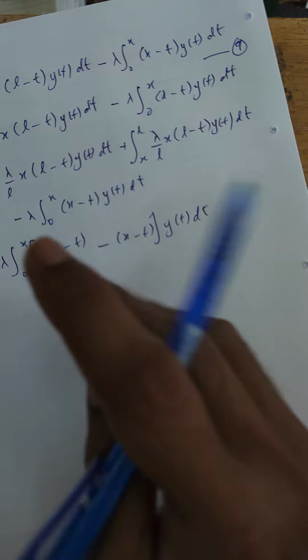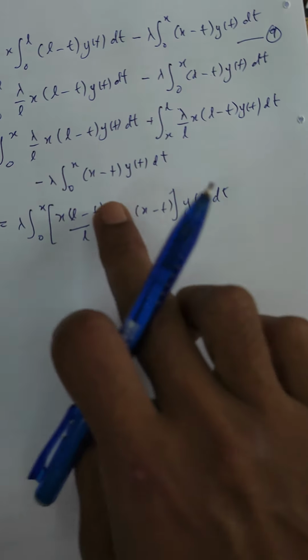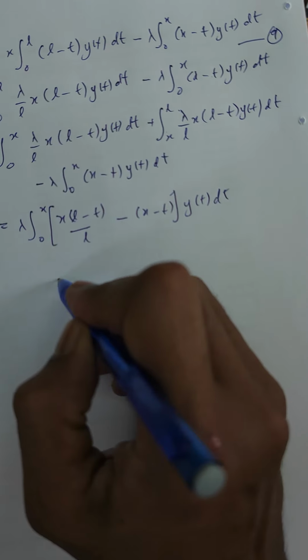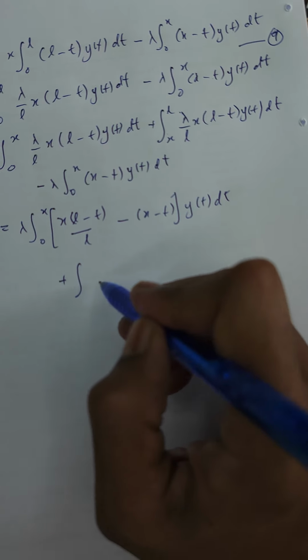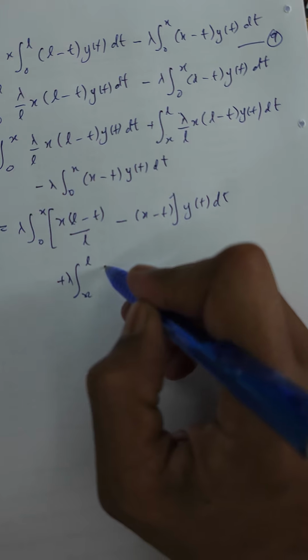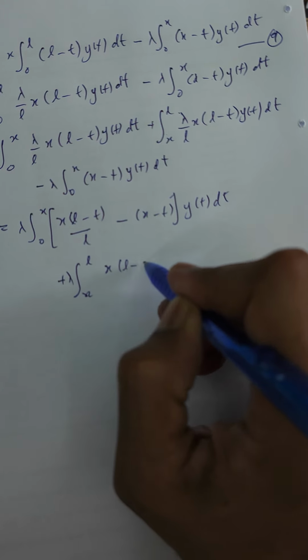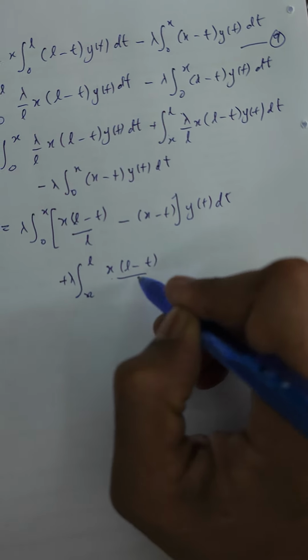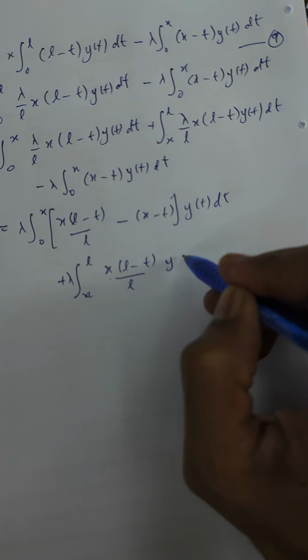Okay, plus we have done that one, plus integrate x to L, lambda, x (L minus t) over L, y(t) dt.